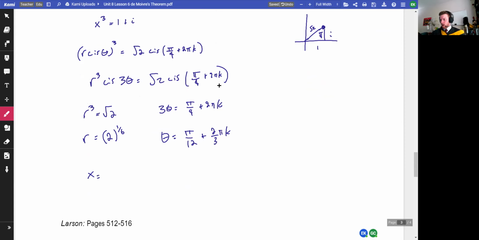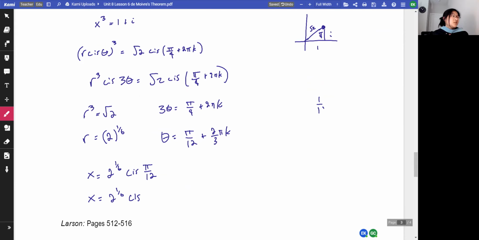So our roots are 2 to the 1/6 times cosine plus i sine of pi over 12. That's one of them. 2 to the 1/6 cosine plus i sine. What's 2/3 plus 1/12? Like 8 plus 1, 9/12. Was that 3/4? 9/12, 3/4.